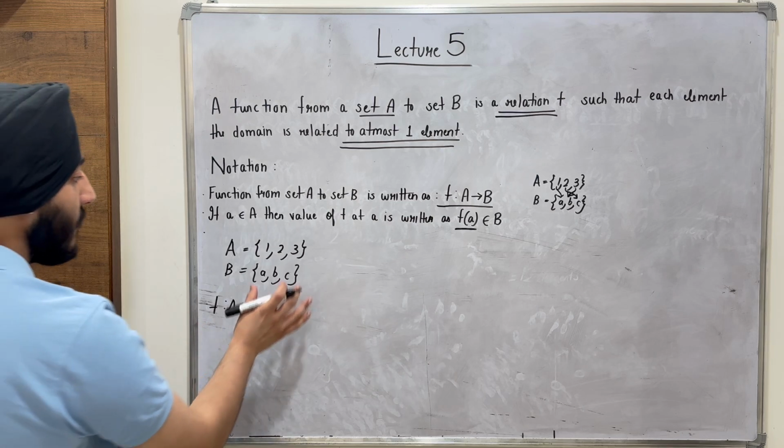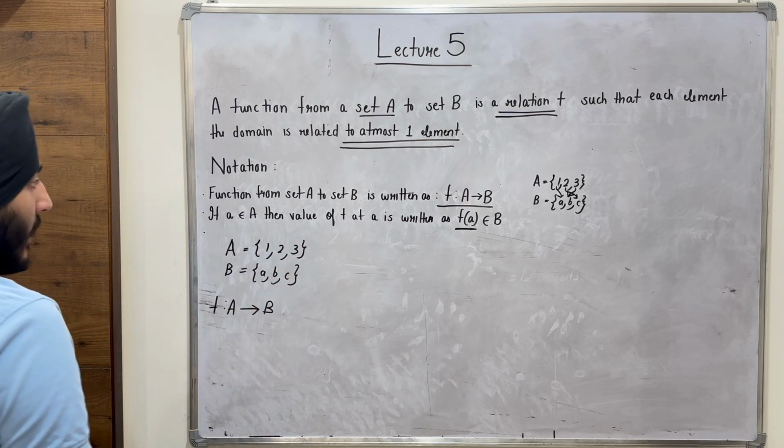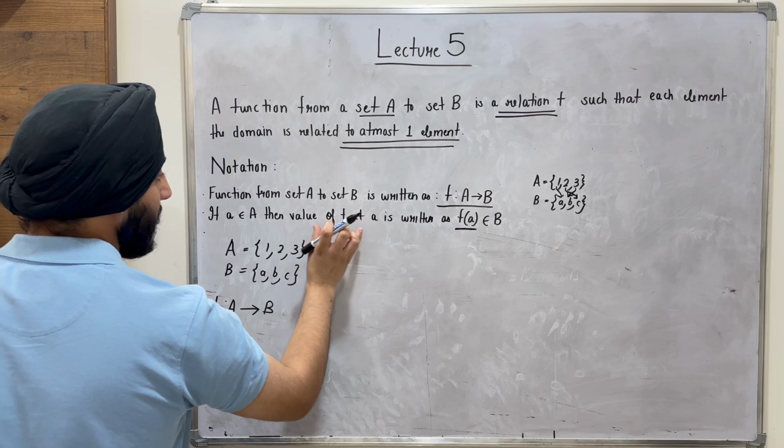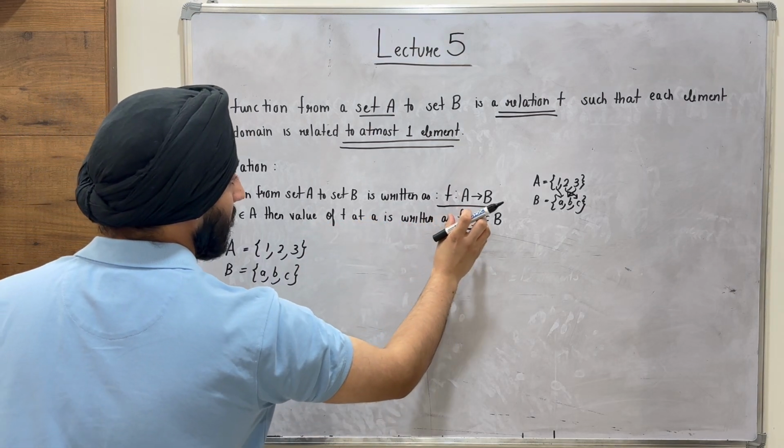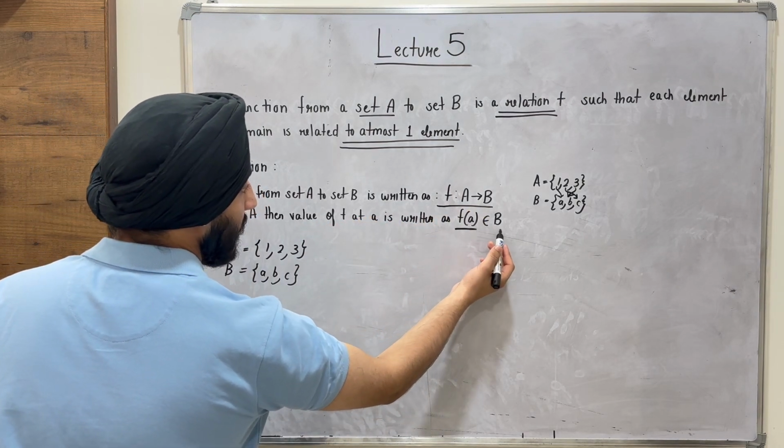So it would basically be from this set to this set over here. And if a is an element of A, then the value of f at a is written as f(a), which is an element of B.